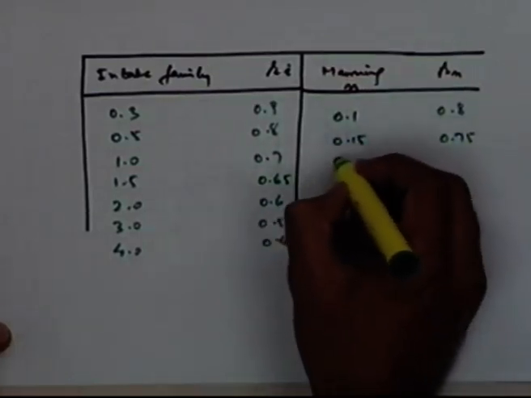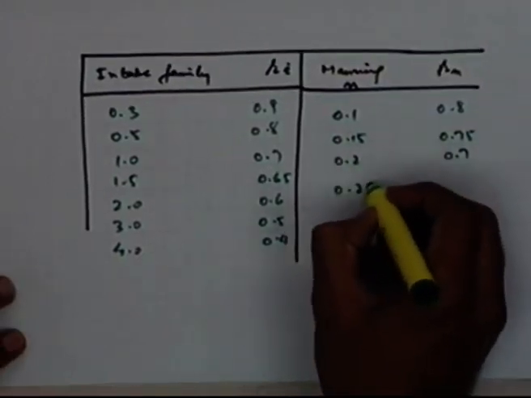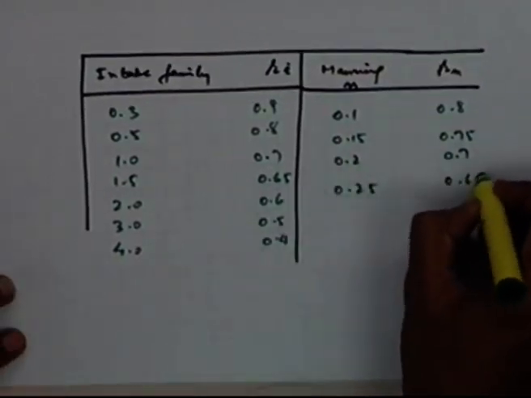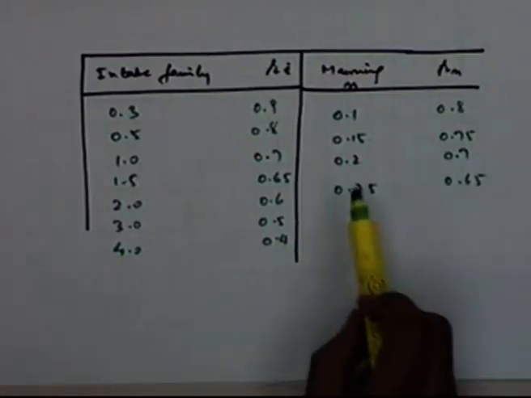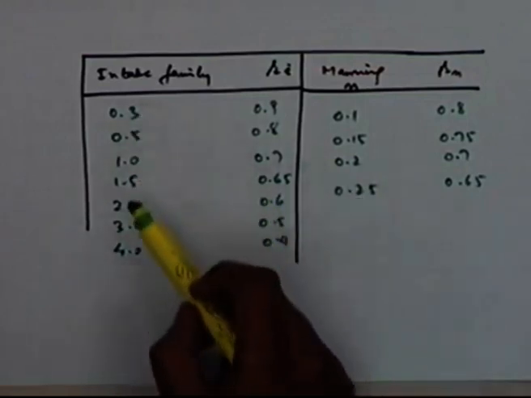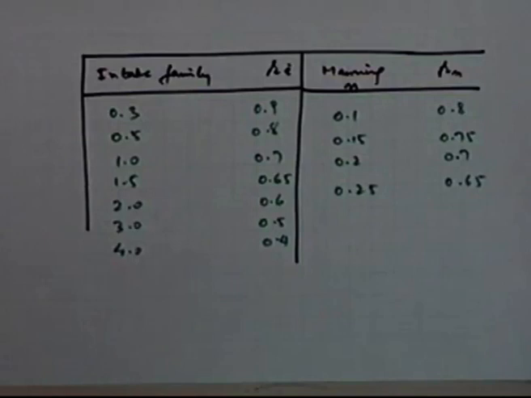These are the values recommended for different Manning's n. So the impact of different roughness and the intake families have been taken care of, in finding out what will be the length which can be extended to account for that surface runoff which is being produced.